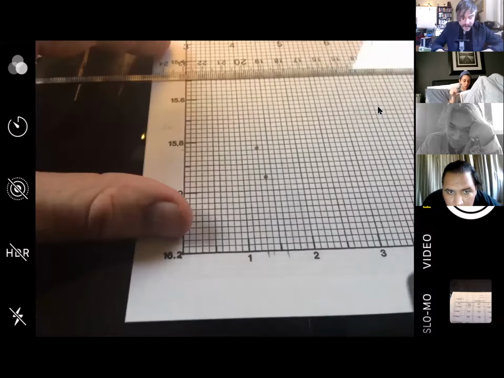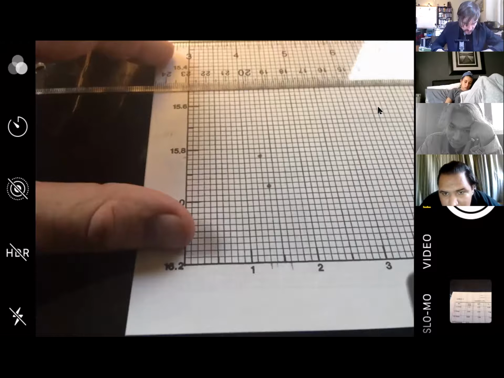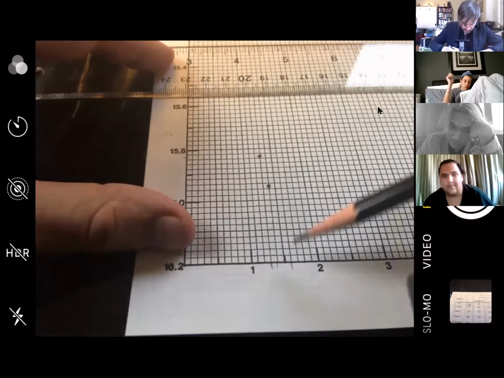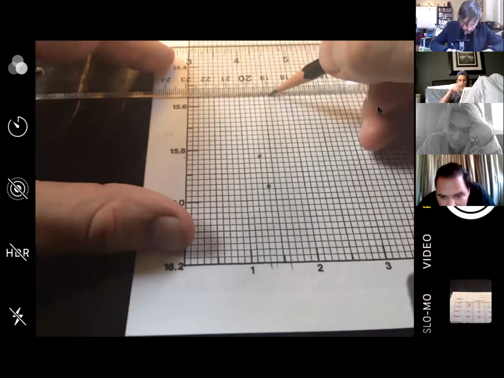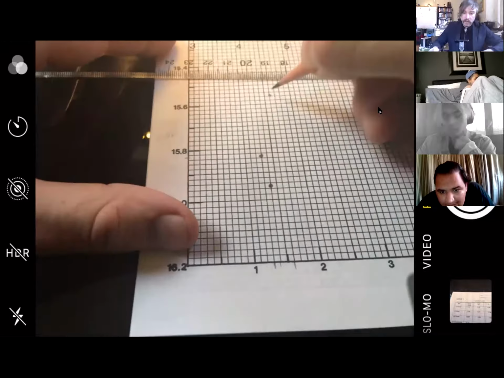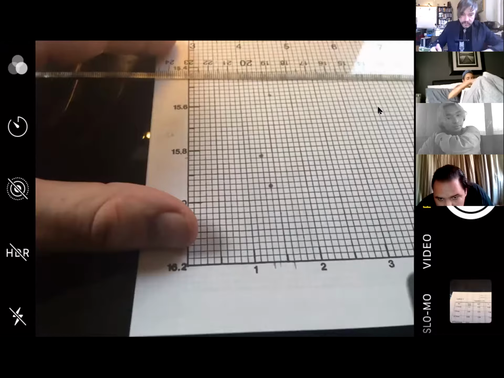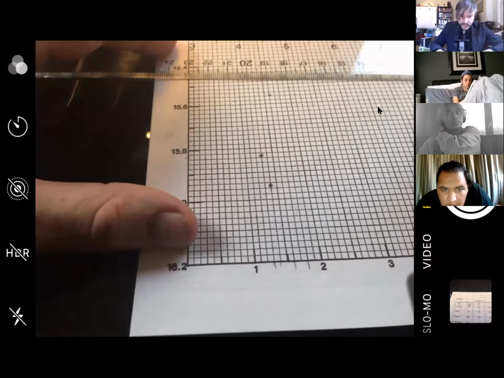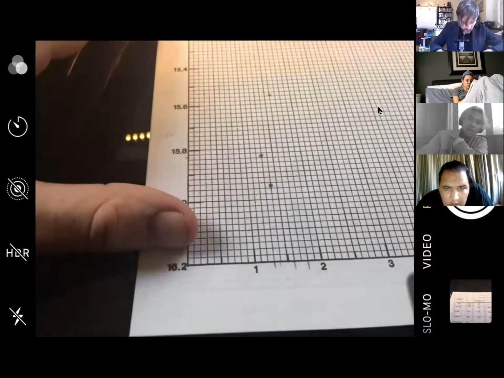There's 15.5, 15.52, 15.54, and we're almost at 15.6. Next up, 1.8 and 15.26. 1.8 is right here. 15.26: 22, 24, 26 is right there.